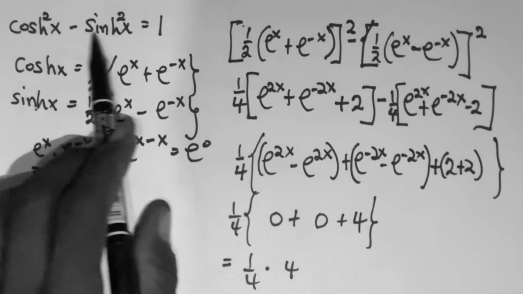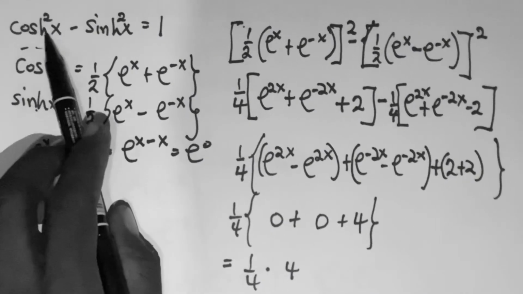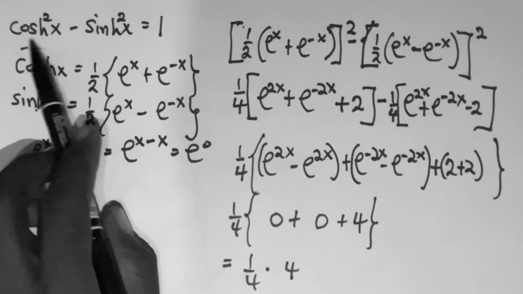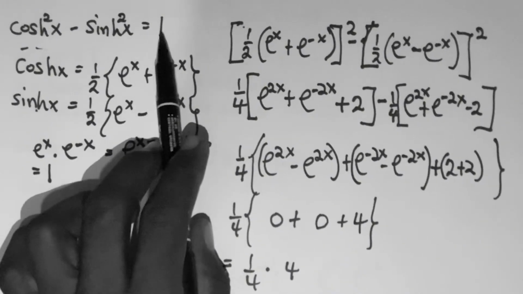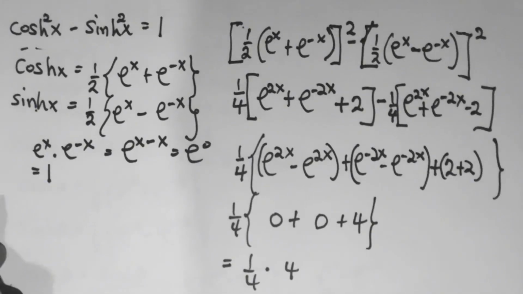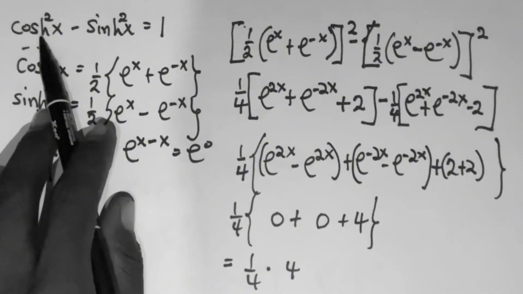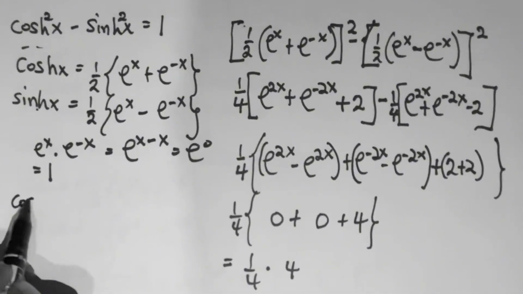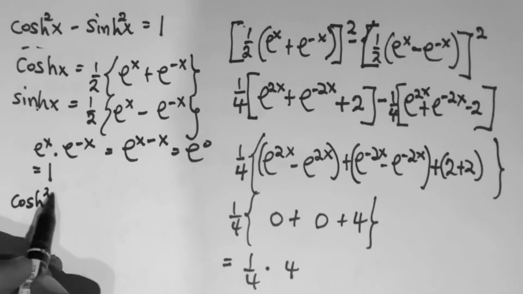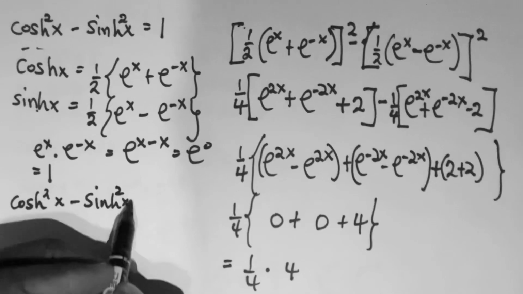So you can see that we have been able to prove that hyperbolic identity, that cosh squared x minus sinh squared x is equal to 1. Now, having gotten this, can we derive other hyperbolic identities from this equation? Cosh squared x minus sinh squared x is equal to 1.